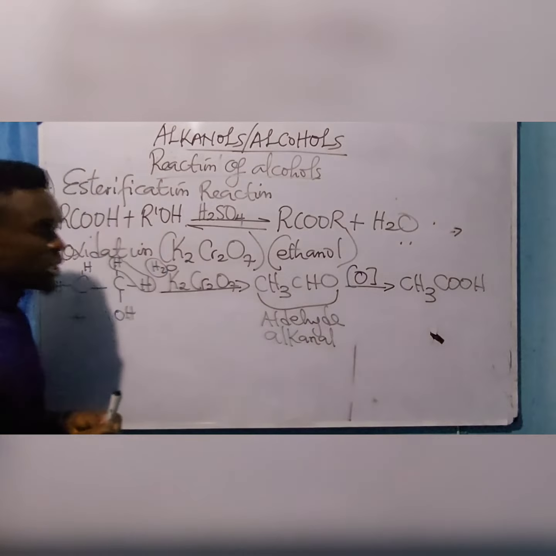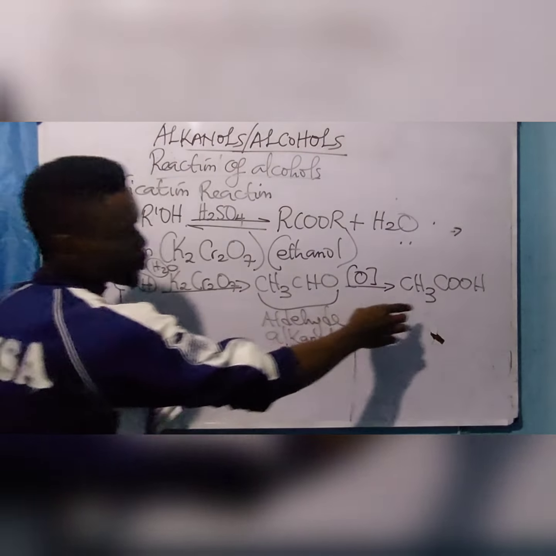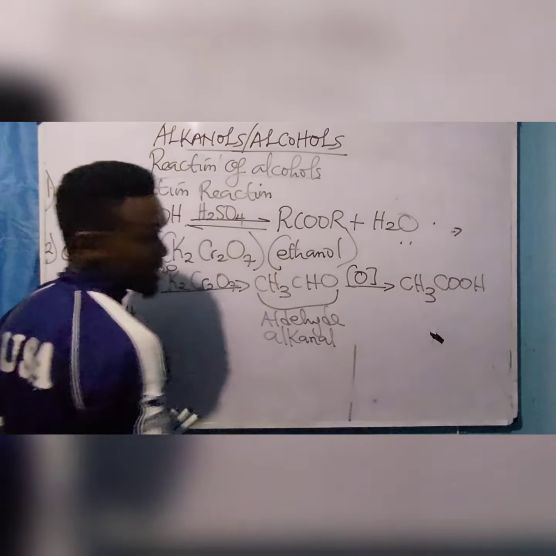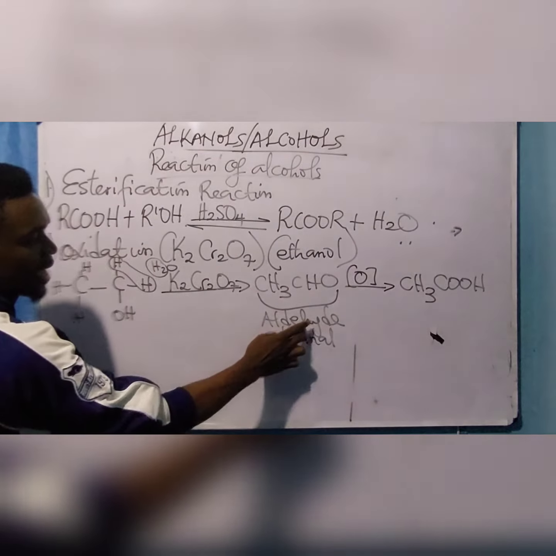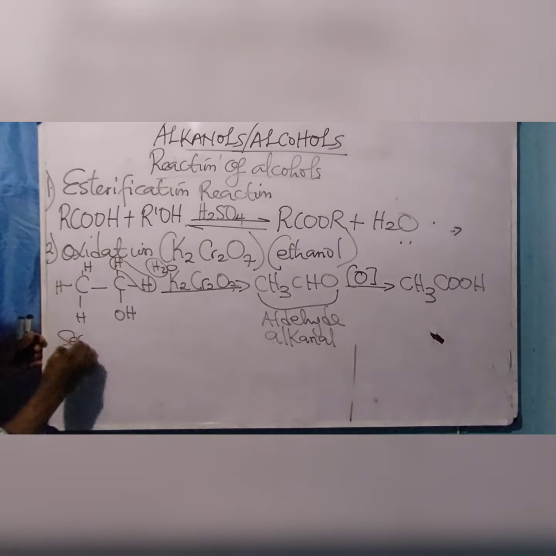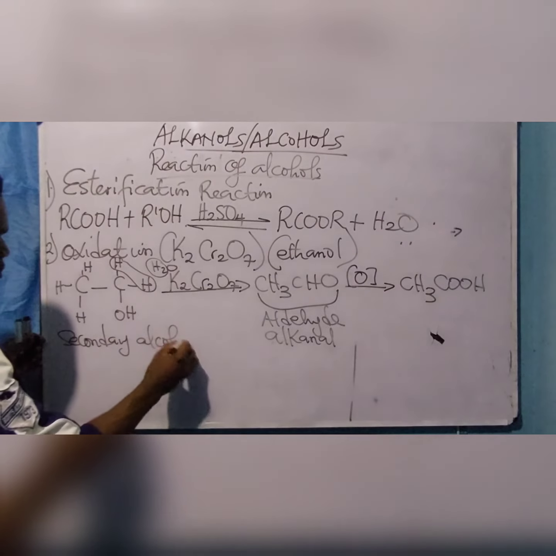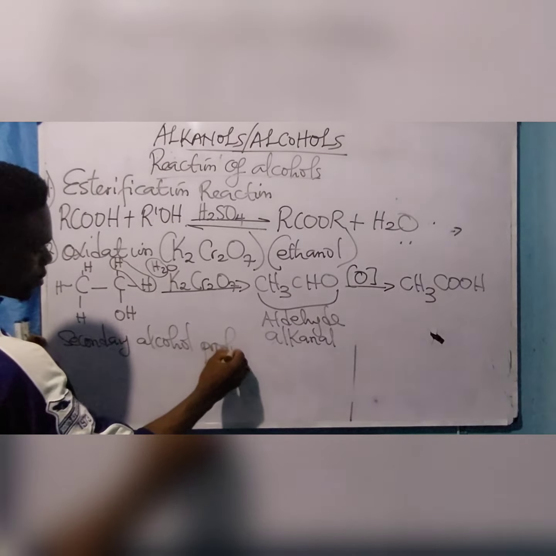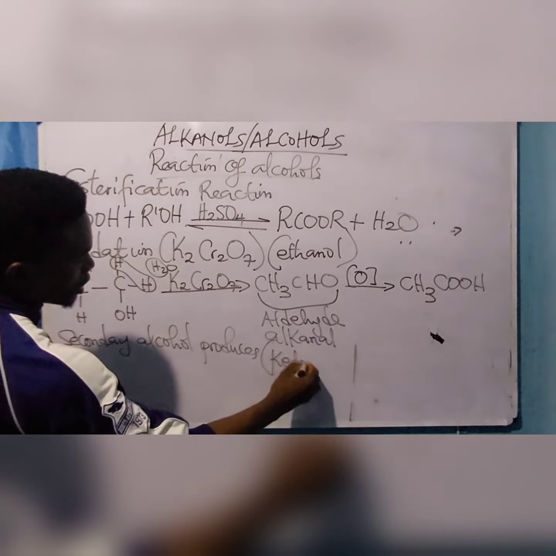So the complete oxidation of primary alcohol produces alkanoic acid, while the partial produces aldehyde or alkanal. So please, oxidation of secondary alcohol produces a ketone. Please take note of that.